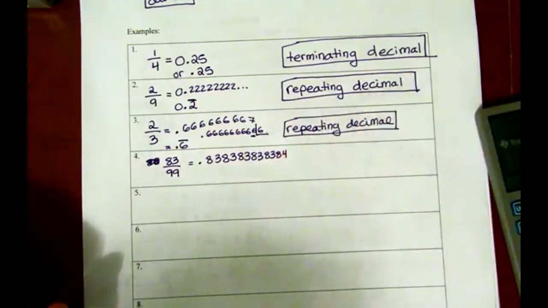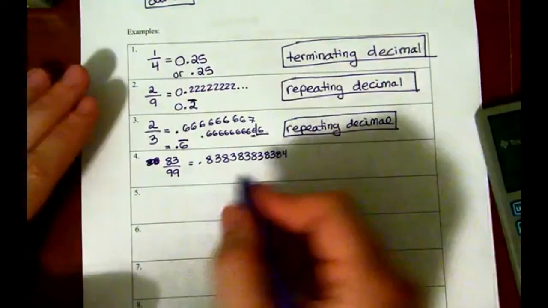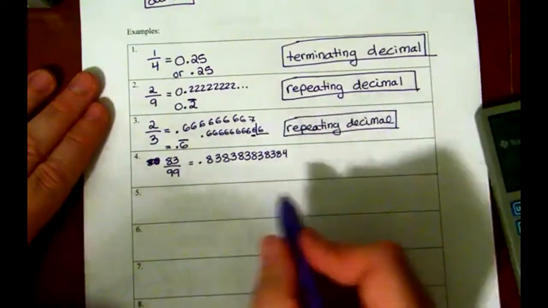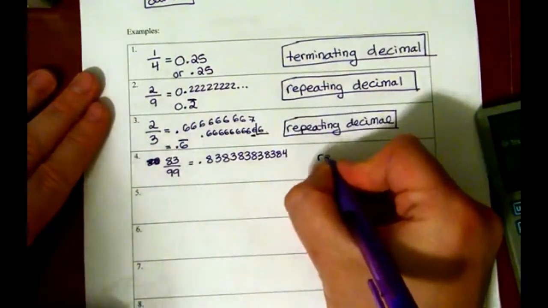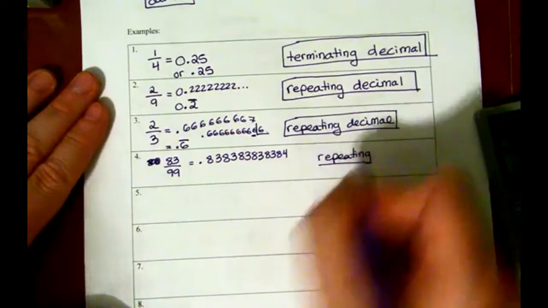That's okay. First question for you. Is this a terminating decimal or a repeating decimal? Sure looks repeating to me. And again, that 4 is kind of like the 7 in the previous problem. It's not really there. It came about from some rounding. I'm going to label this as a repeating decimal.